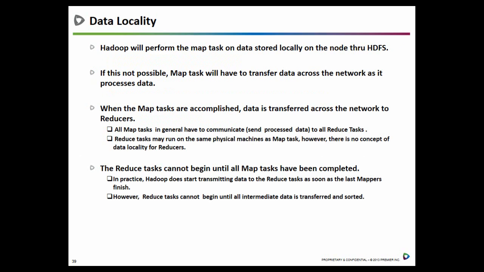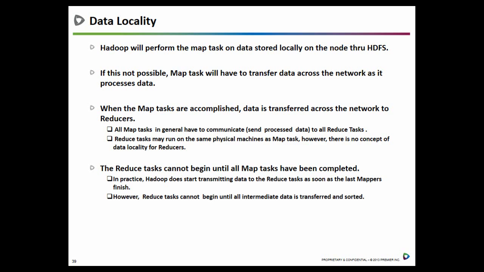Data locality: Hadoop will perform the map task on data stored locally on the node through HDFS. If this is not possible, the map task will have to transfer data across the network as it processes data. So you talk about cross-node conversations. That can happen if the data cannot be processed locally on a node.